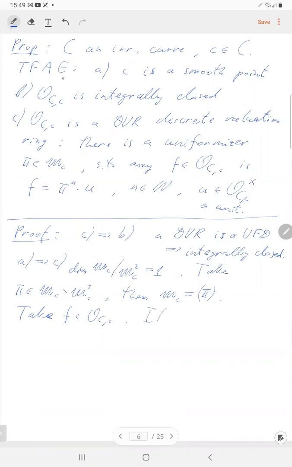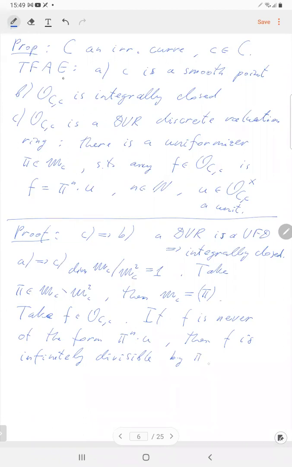If f is never of the form pi to some power times a unit, then f is infinitely divisible by pi.